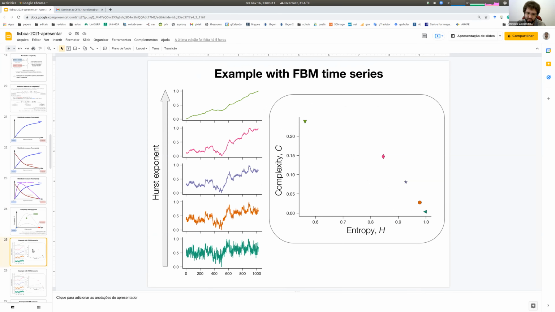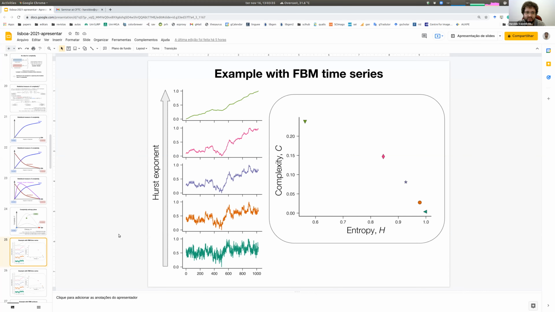Even if we have a non-stationary time series, we can still estimate them. And I think that's a good feature of the model, because we are just looking into very localized trends.